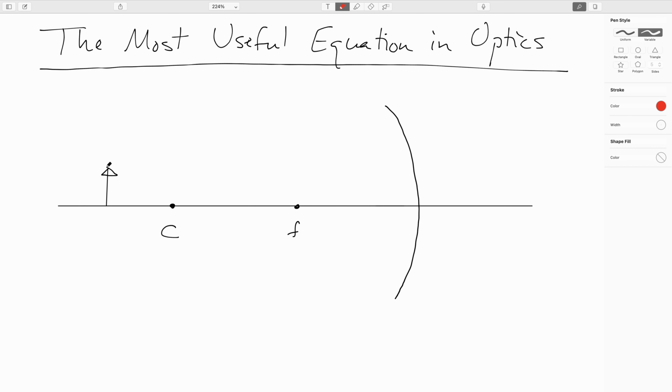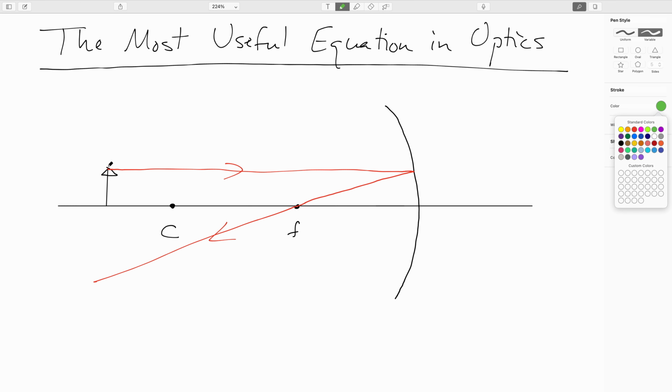Remember, when drawing a ray diagram, we always like to use the 3 special rays. The paraxial ray, which gives us a ray that reflects out through the focal point.